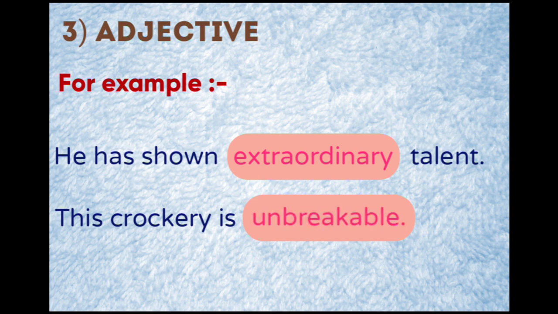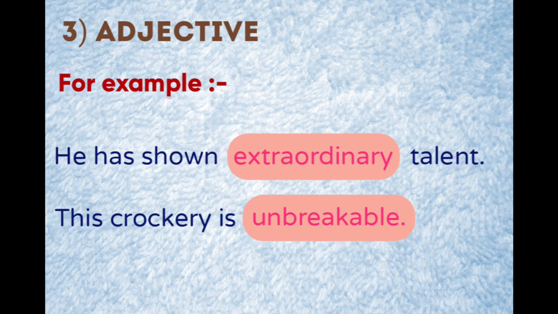This crockery is unbreakable. Here, unbreakable is an adjective because it is describing the quality of crockery. How is it? It's unbreakable. And giving more information regarding this crockery that it is unbreakable. Okay, so this was all about what is an adjective.